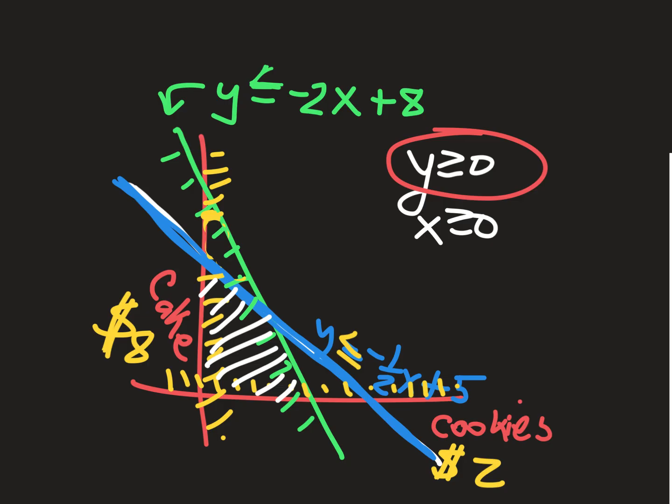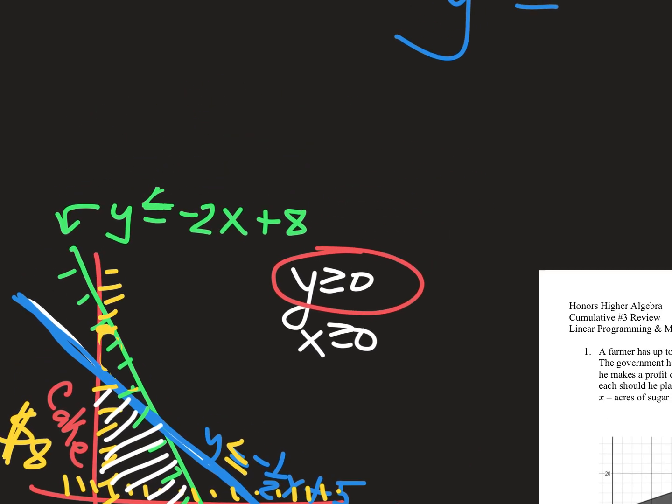Can you first off write the optimization equation? You can use profit even though I haven't told you what the costs are. We'll just say that you're making $8 profit on the cakes and $2 profit on the cookies. And it's all going to charity, so you could argue it isn't even profit. But the point is, you've got an equation for that, and we can call it P equals.